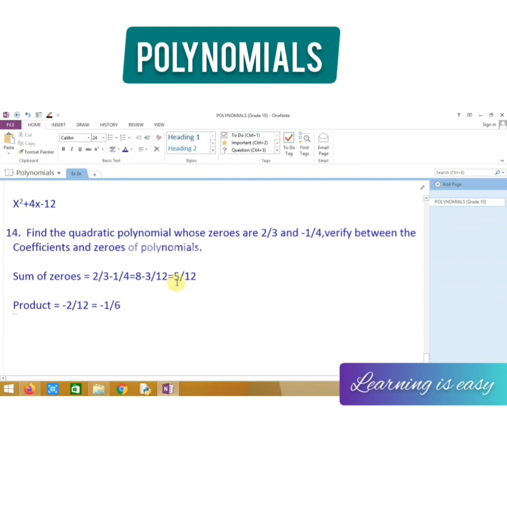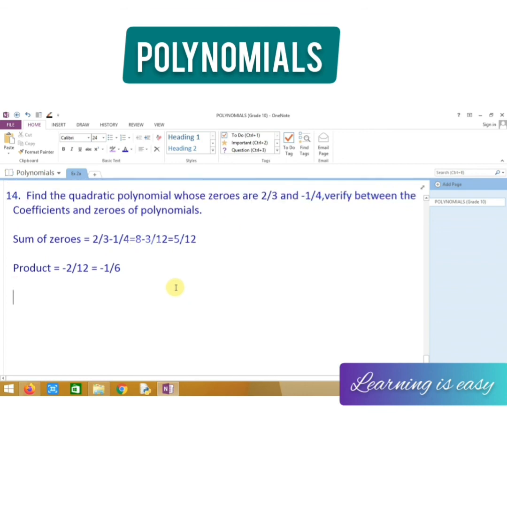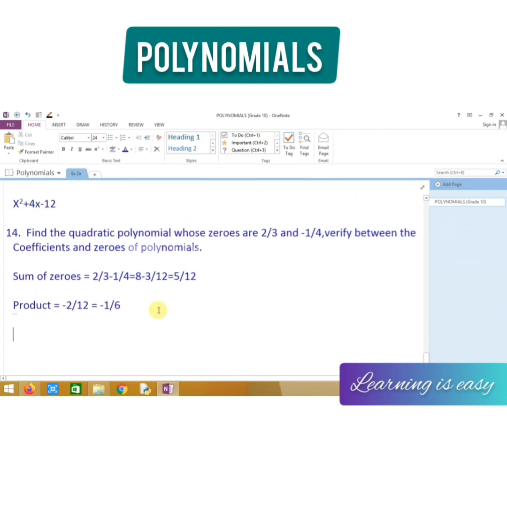So with this, we can construct the polynomial. The value of the coefficient of x square is different. So as of now, let's write it as x square, and b is 5 by 12. It's minus of b by a, so minus 5 by 12x. And the value of the constant is minus 1 by 6.